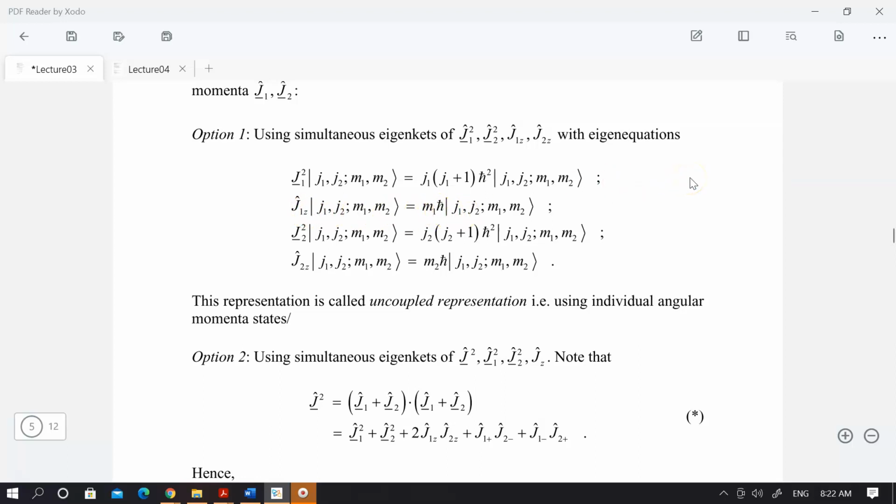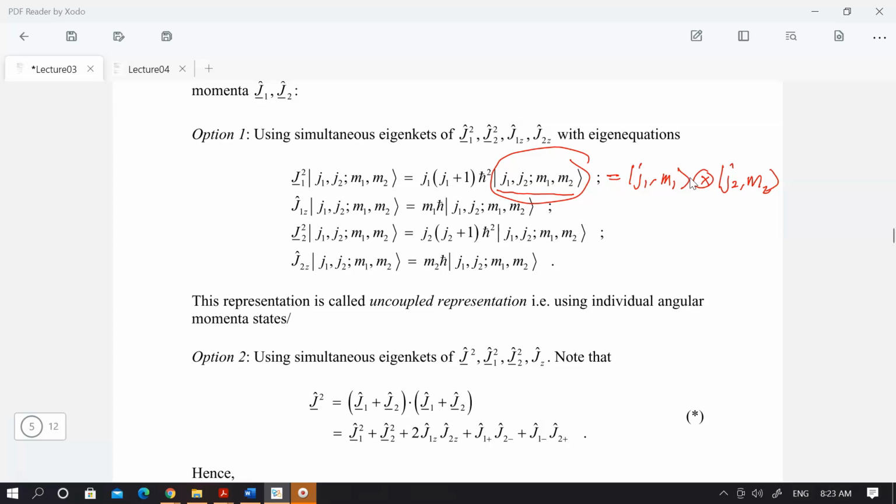So remember what is this state really? This state is really J1 m1 tensor product with J2 m2.